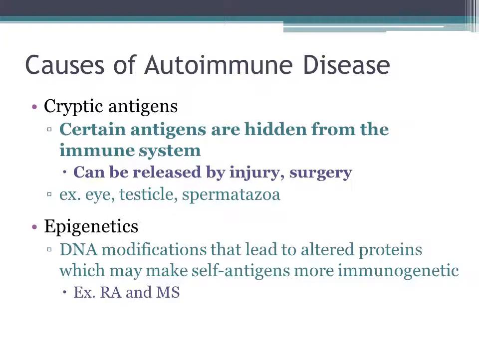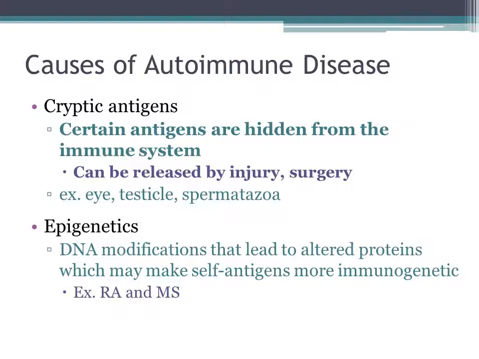Epigenetics is a term referring to DNA modifications that occur in the body that aren't part of the germ cell. In other words, all cells of the body have not suffered this mutation, but rather this is a mutation in the DNA that can occur in a specific cell type in an individual.